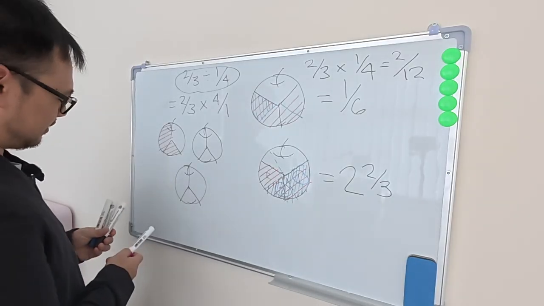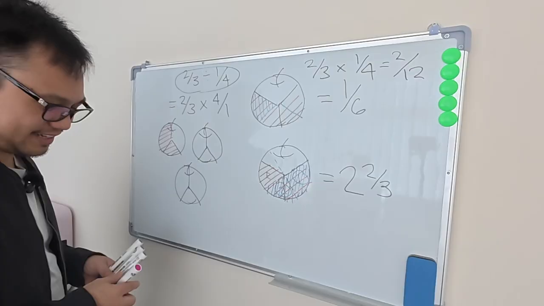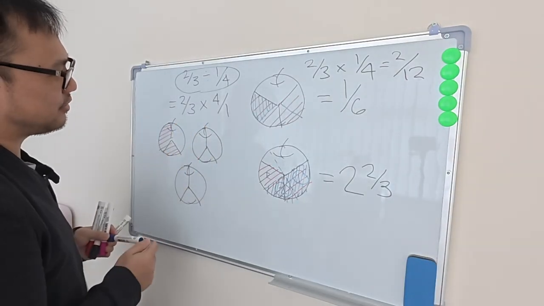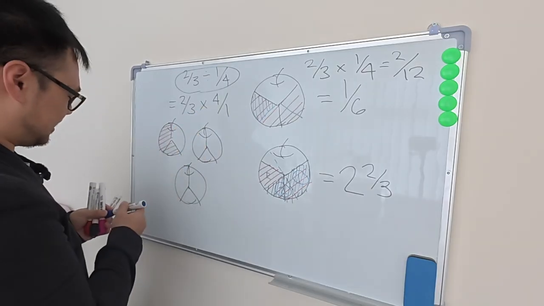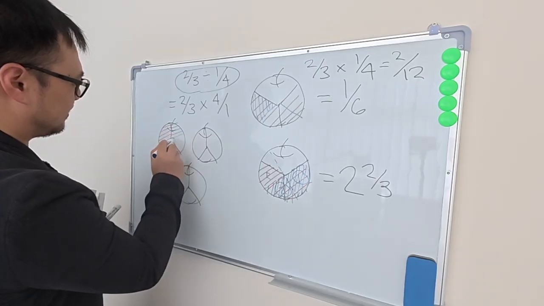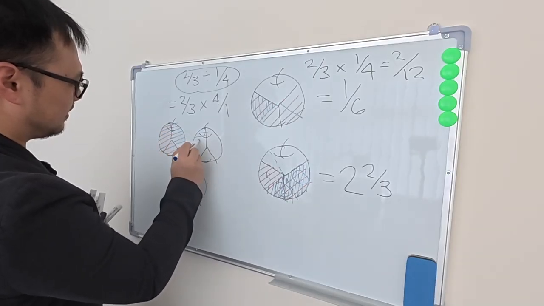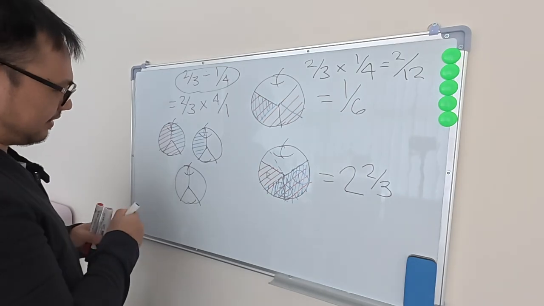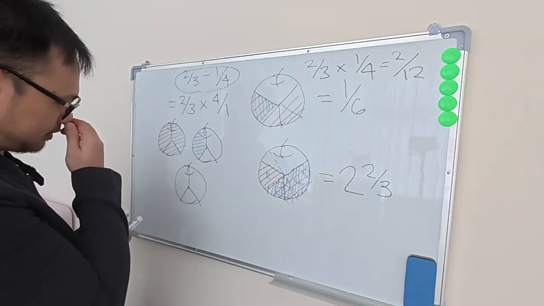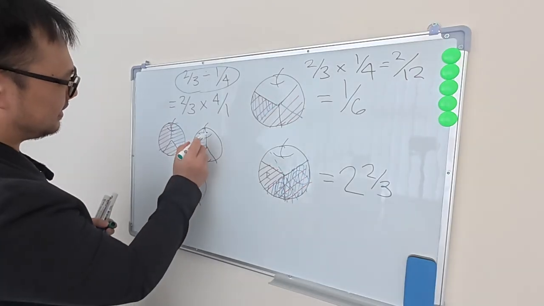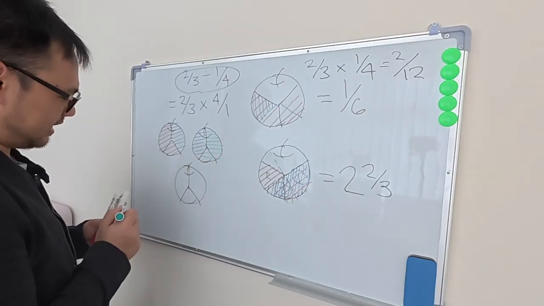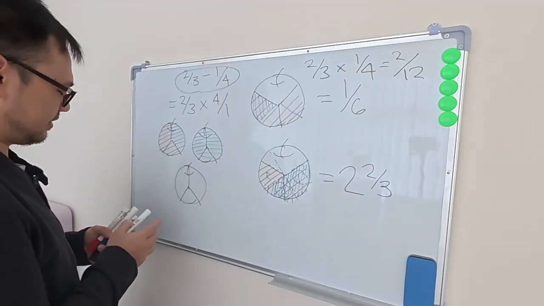So we have here 2/3, okay? And then I need another color, one moment. 2/3 times 4. So we need another 2/3. Why? Because it's 4. So this is another 2/3. Okay? 2/3, 2/3. Now we need another 2/3, and we need one more set of 2/3.